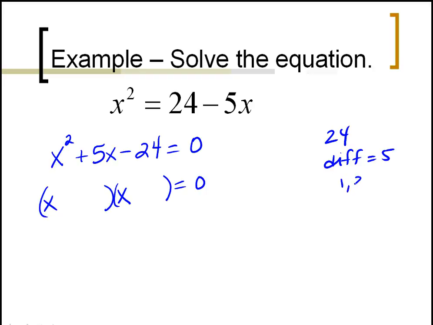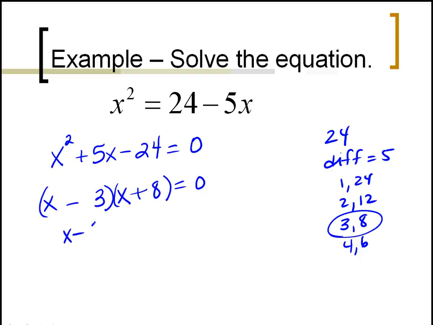And if you don't know that, you can list the factors of 24: 1 and 24, 2 and 12, 3 and 8, and 4 and 6. The one whose difference is 5 is 3 and 8. With the difference on the end, these signs have to be different, with the larger one being positive. So we put a plus on the 8 and a minus on the 3. So now we can set each factor to 0. So we get either x is equal to 3 or x is equal to negative 8.